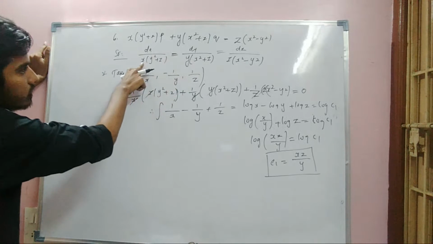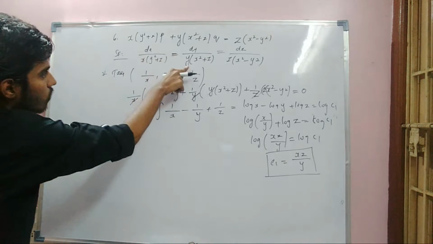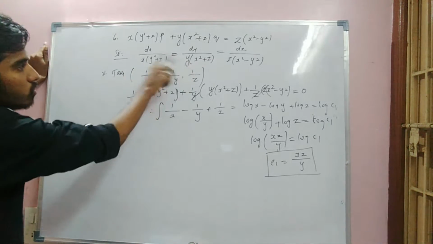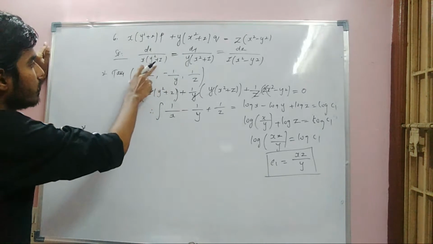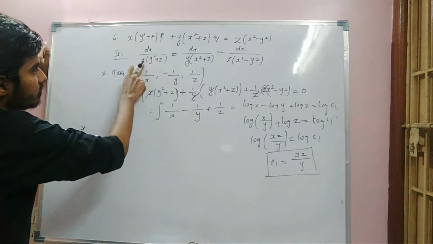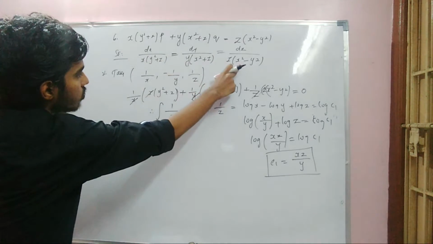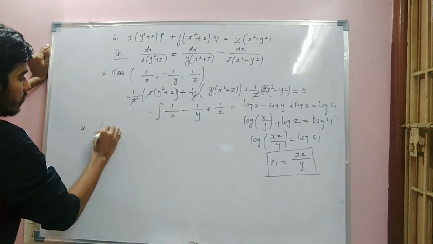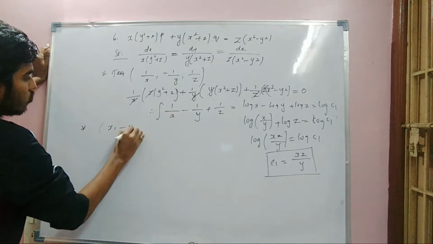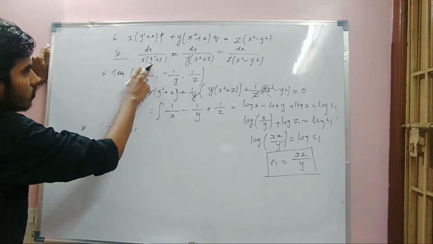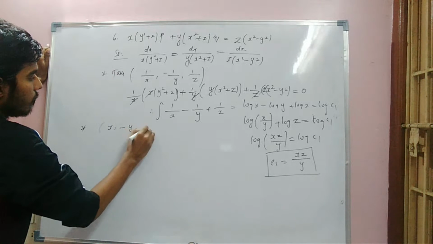Sorry, if you multiply x here, and if you multiply y here, we will have x square y square, x square y square. So one of them has to be opposite sign. And if I multiply x here, this term will become x square z, and again here we have x square z, right? So I am going to use the multiplier x comma minus y comma 1.